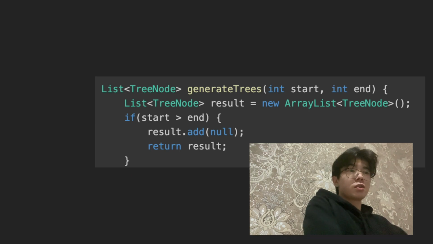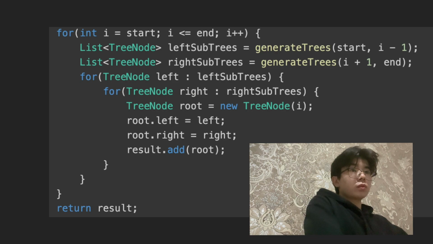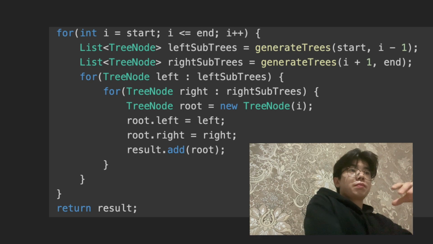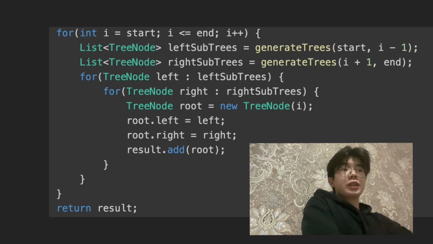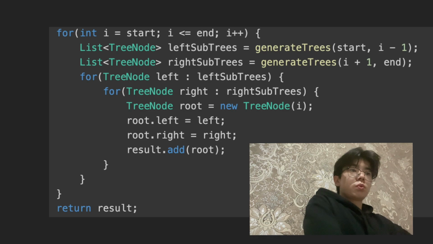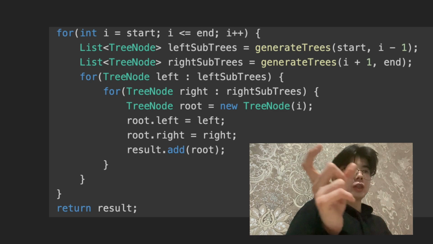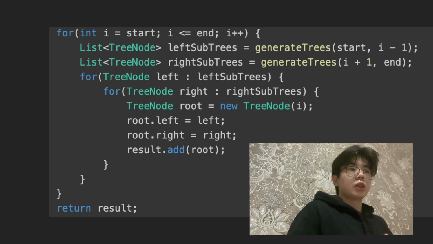If so, we will just add no value and return the result. In other cases, we will divide it into left and right subtrees, and as you can see here, we give the right values to the right subtree and the left values to the left subtree. And finally we will return the result.